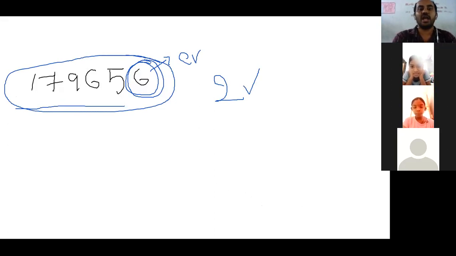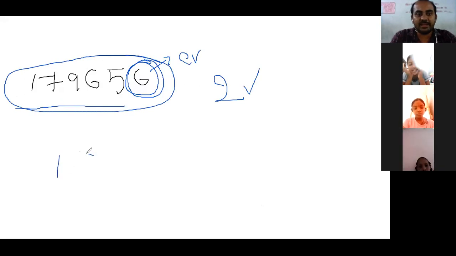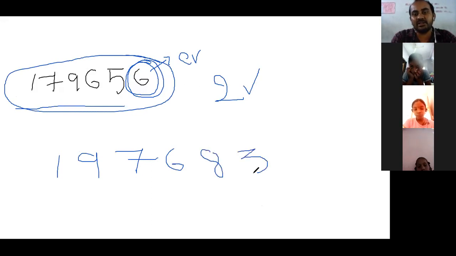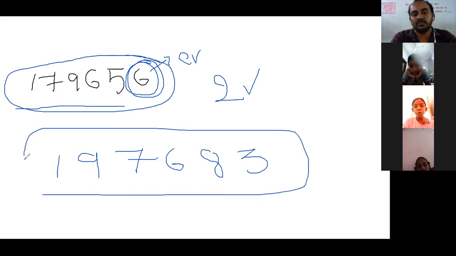Now everybody understood how to identify numbers divisible by 2. I will give one more question. 197683. Is this number divisible by 2? No. Very good. Why?